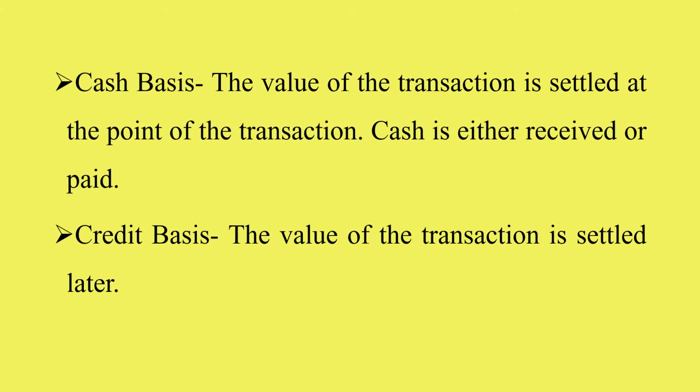The moment the transaction occurs, the value is settled. We can either receive cash or pay cash. Credit basis means the value of the transaction is settled later. That means we are getting the goods today but paying on a later date. So these are the two methods of doing transactions.